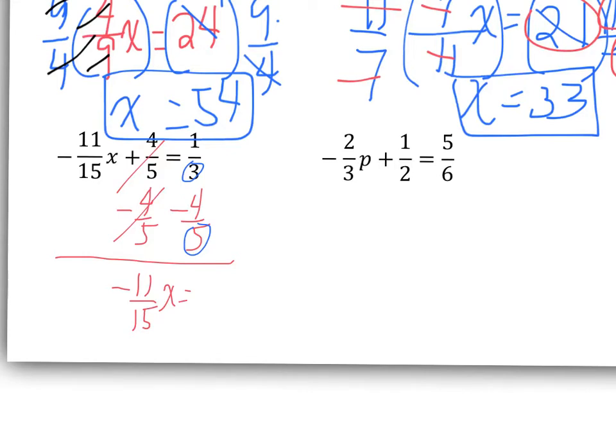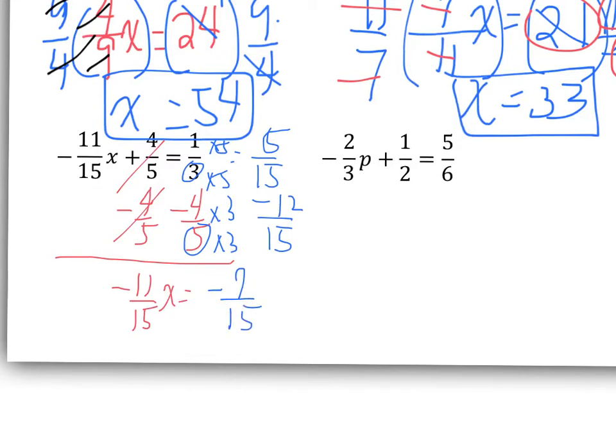So 15 times 5 is 5 over 15. 15 times 3 is negative 12. Negative 7 over 15. I'm going to multiply both sides by the reciprocal of negative 11 over 15, which is negative 15 over 11.